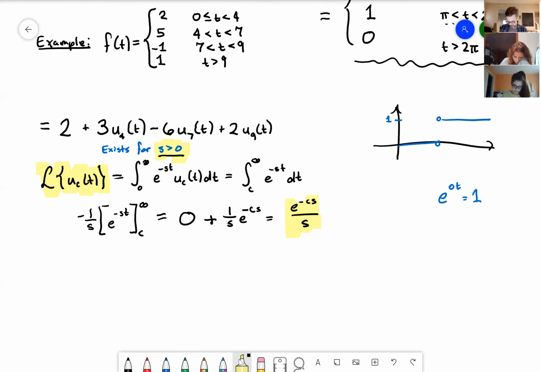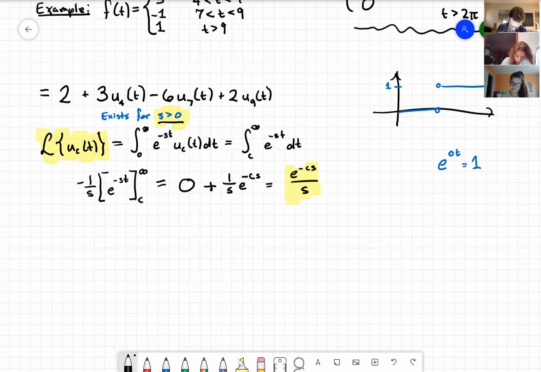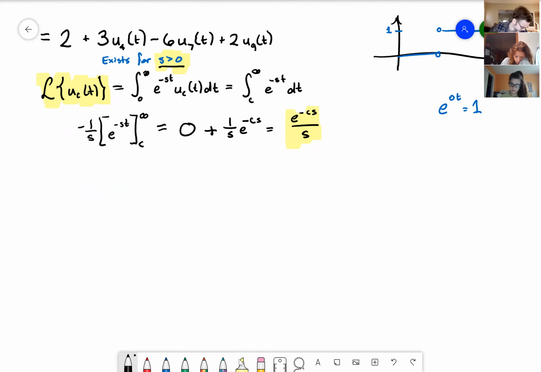So now we have the Laplace transform of the unit step function. And we know it's defined for s greater than 0, which is the widest s-plane that we consider. So this is as good as it gets. Okay, so one thing to note is that what if we look at u0 of t? Well, if we plug in 0 for c, we just get 1 in the numerator, and so we get 1 over s.